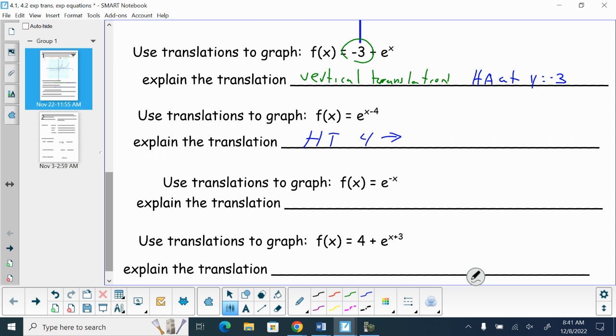Well, graph y equals e to the x. What happens with e to the negative x? What happens with our graph? It is reflected about the y-axis. So we don't really have a translation, but we have a reflection about the y-axis.